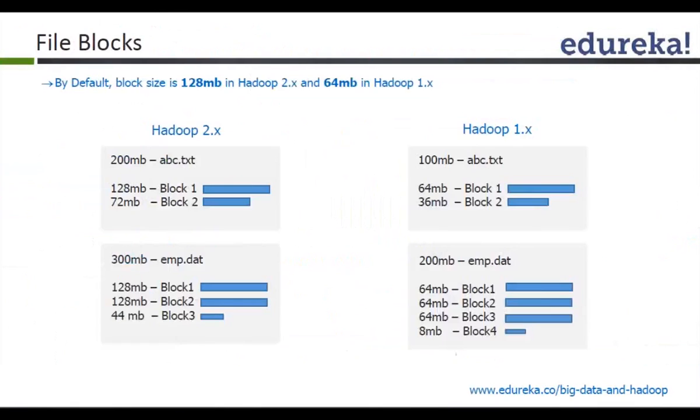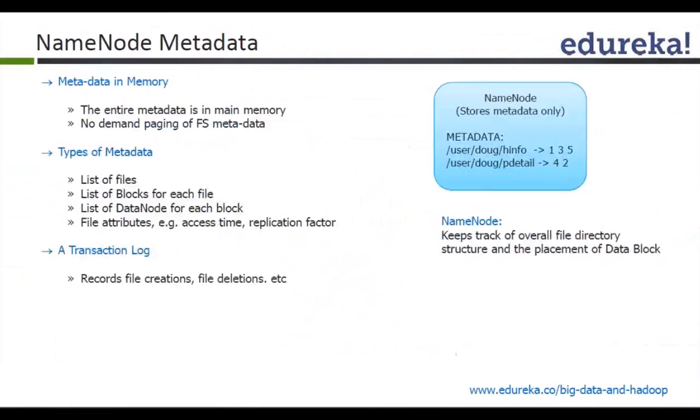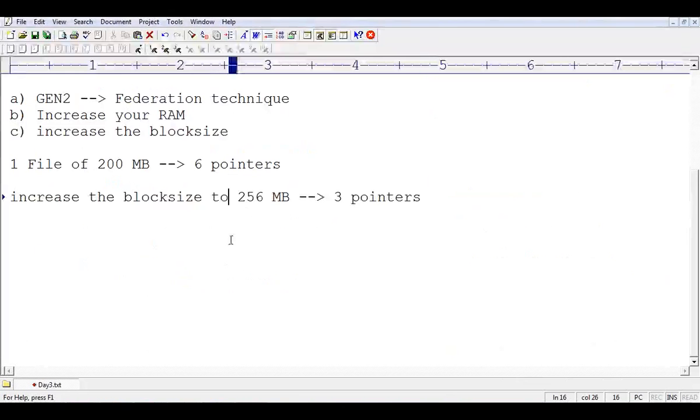Okay, so let me go down and show you this over here. Whenever we say that NameNode is going to store everything, I have said demand paging of the FS image. It will contain types of metadata and a transaction log. When I covered these 2 points, I had mentioned what this FS image is.